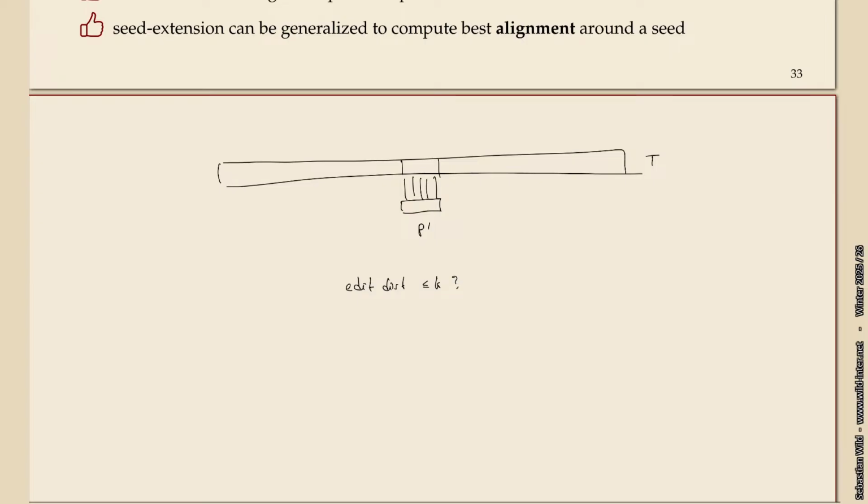Well, the k means I can have at most k gap symbols ever in my alignment between the pattern and the text. So the pattern will continue in some form and the text continues a bit. In the worst case, I might have k gap symbols somewhere here.